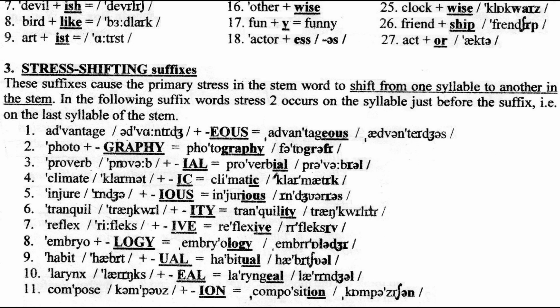So we practice together. Number 1, advantage. Advantage plus ous, it becomes advantageous. So, what do we notice here? Not only a shift in the stress from van to tay, but also a change in the vowel quality.